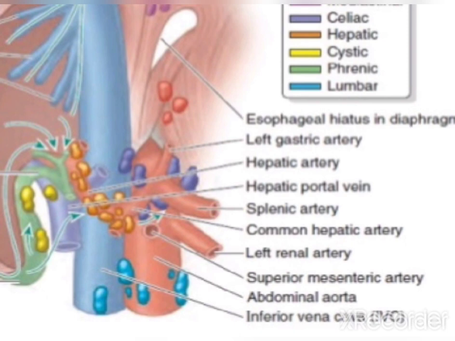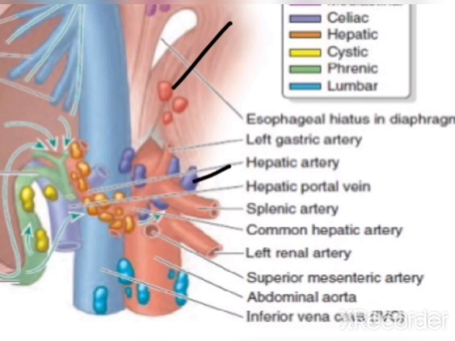The orange lymph nodes are the left gastric lymph nodes, and the mediastinal lymph nodes are purple in color. Then the celiac lymph nodes, these are the celiac lymph nodes. And these are the phrenic lymph nodes, left gastric lymph nodes, mediastinal lymph nodes.